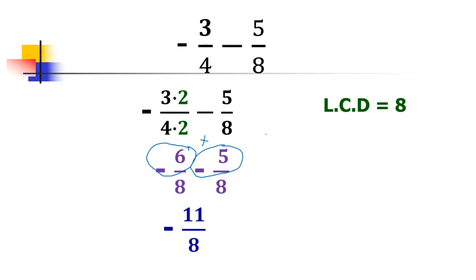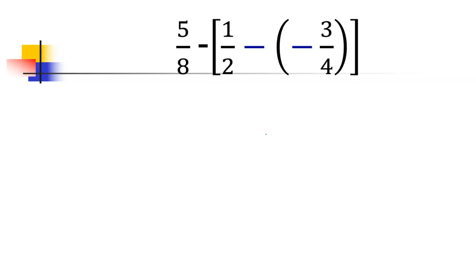Let's look at another example on a fraction. So here I have 5 over 8 minus, inside the parenthesis I have 1/2 minus, and then inside the parenthesis I have a -3/4. As you can see, on purpose, I have the two negative signs in the parentheses. So you can make it a plus sign from the very beginning if you wish to. And I usually find the LCD for all the three denominators.